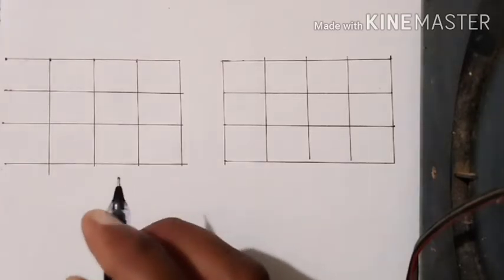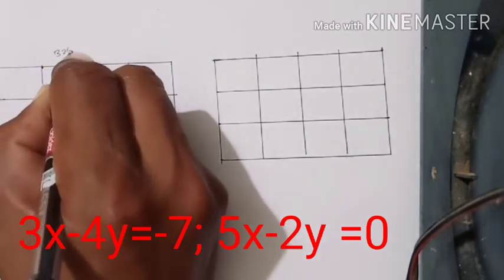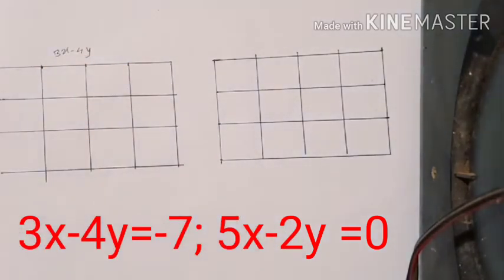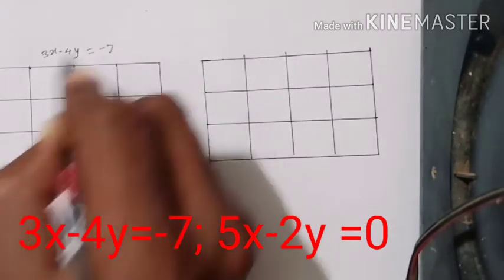Here 3x minus 4y. The first equation is on the first box: 3x minus 4y is equal to -7.